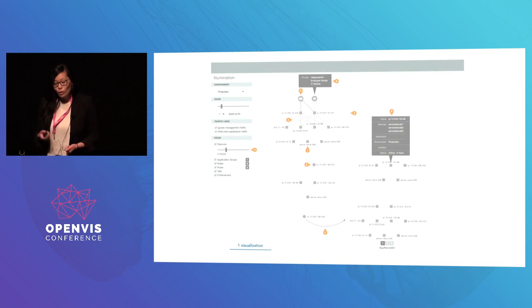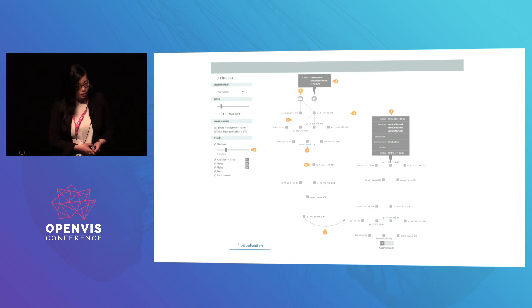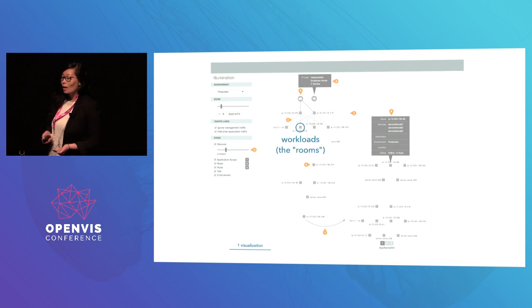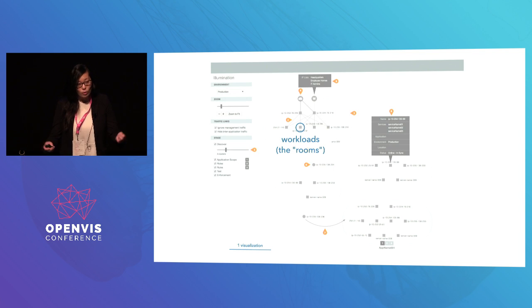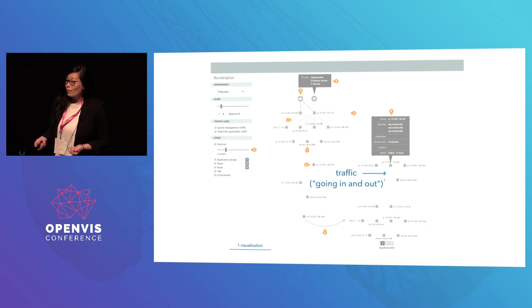Before we begin, I want to give some key terms for Illumination. The squares that you see are the workloads, or the rooms in my analogy. The lines are the traffic, or the people going in and out of the rooms.